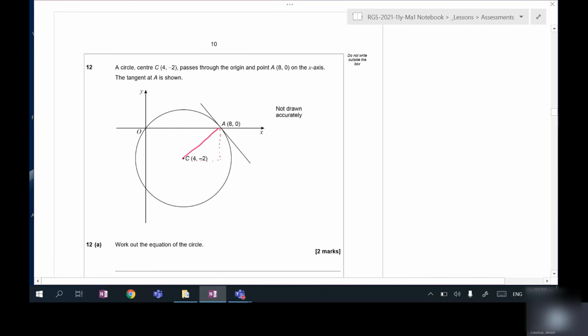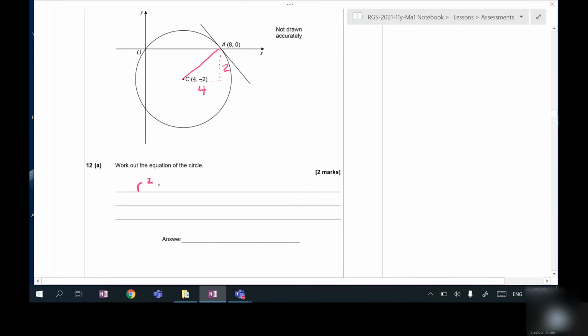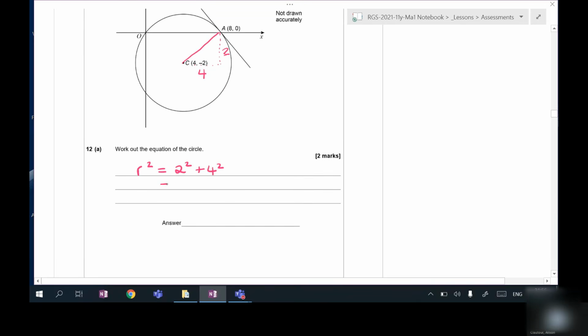So I'm going to look at the difference in my x-coordinates. I'm going from 4 to 8, so this side is 4. In my y-coordinates, I'm going from minus 2 up to 0, so the length of this is 2. Therefore, your radius is 2 squared, add 4 squared, and then square root that.